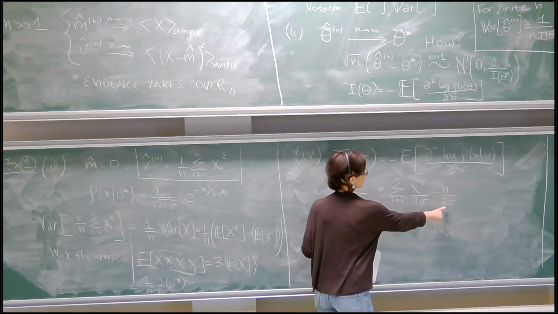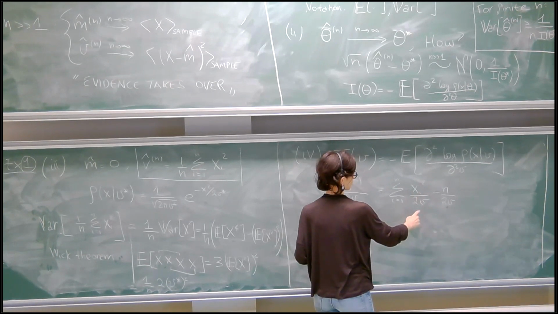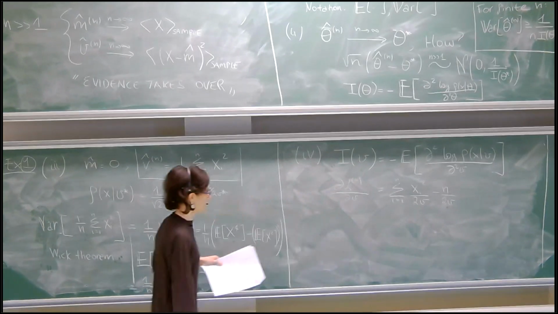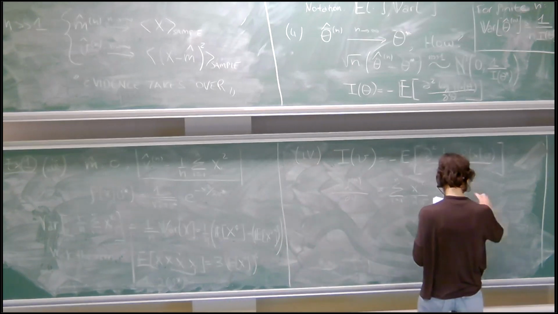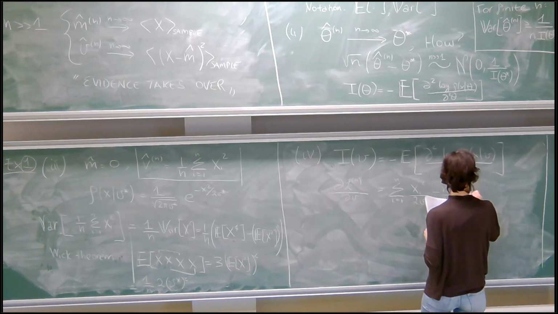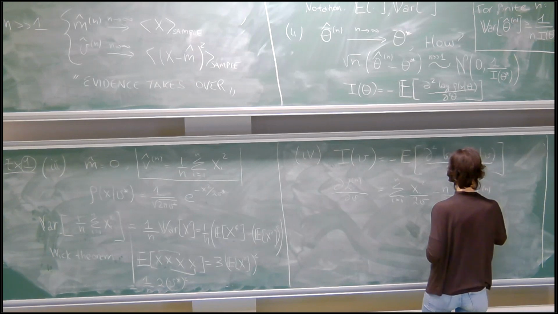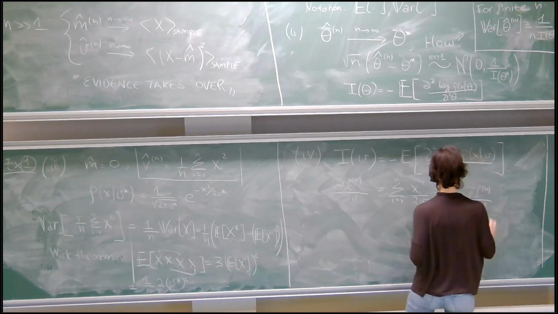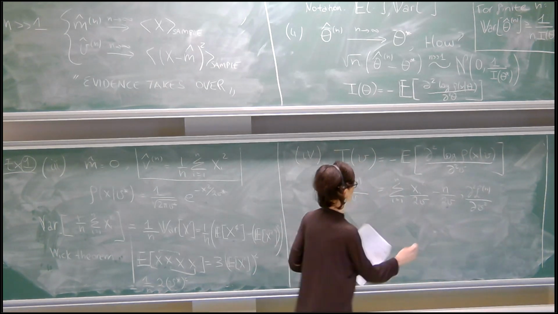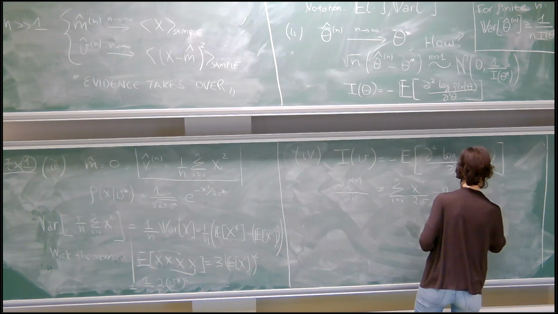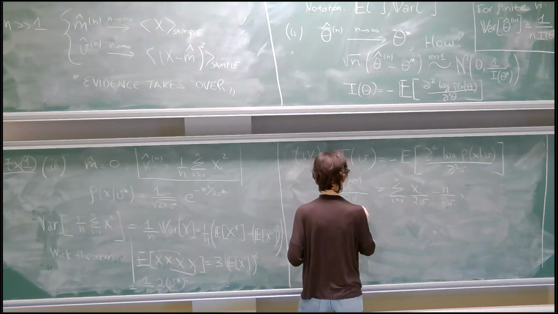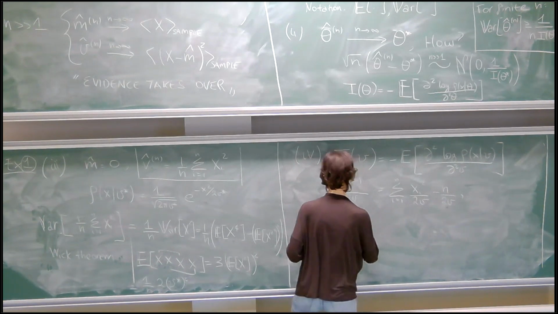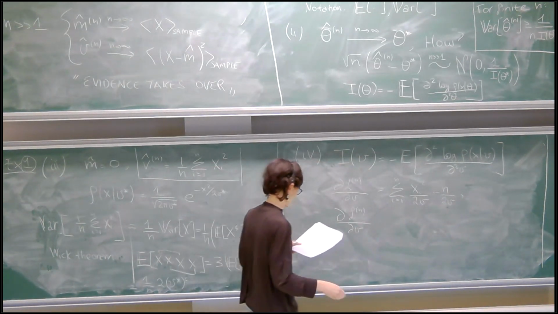So this comes from the logarithm of the distribution of m, and this comes from the Gaussian term. And then if I take the second derivative in v, what do I get?